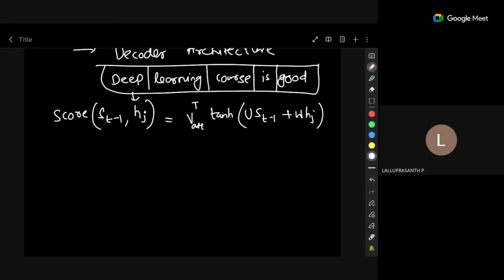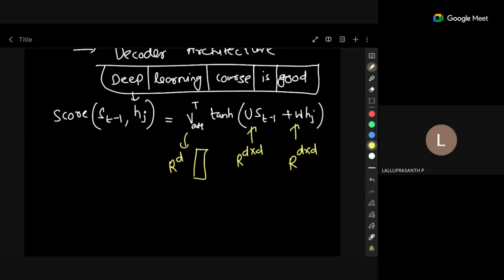Now if I tell you the dimensions, v_attention will be a single vector. U_attention will have dimension R^{D×D}, and W will again have dimension D×D, where D is the size of the embedding.